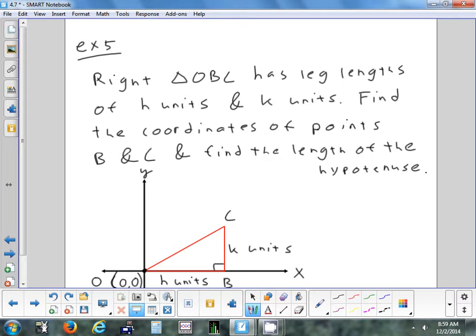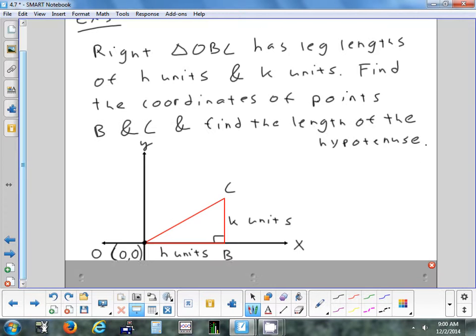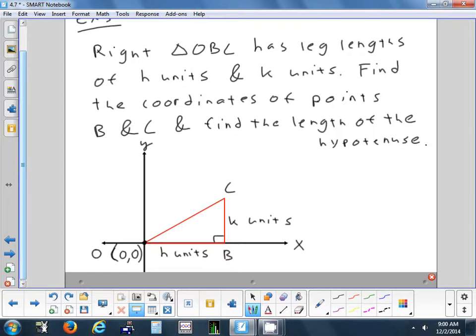All right, so they want us to do two things. Find the coordinates of points B and C first, and then we'll find the length of the hypotenuse. Okay, let's start with B. What's going to be the coordinates of point B?